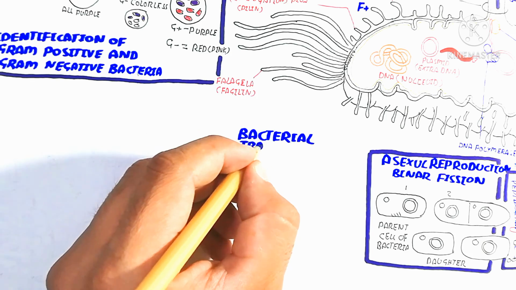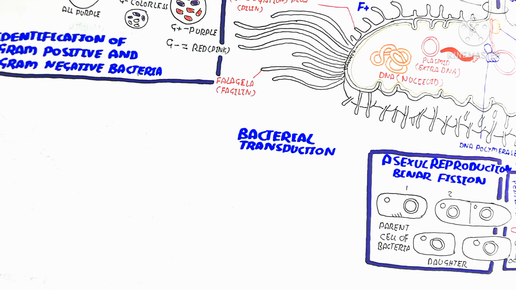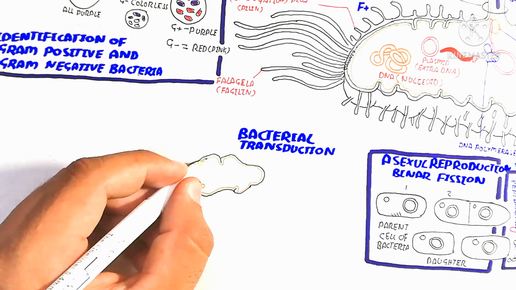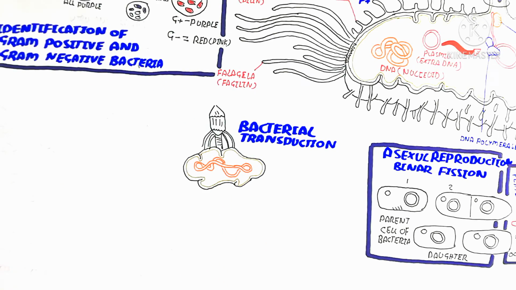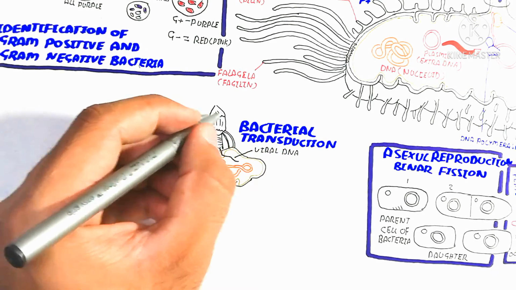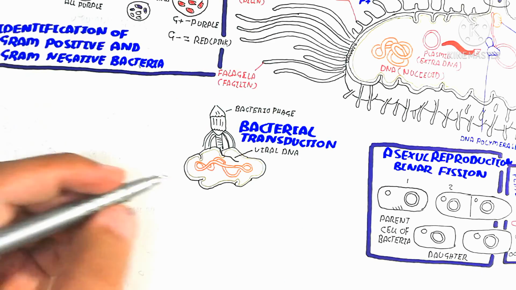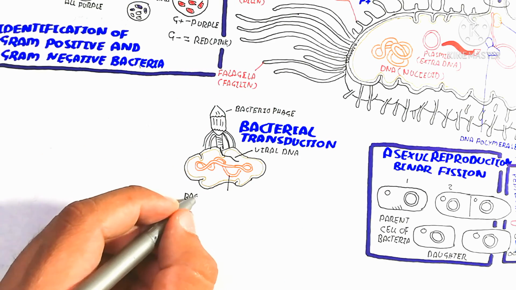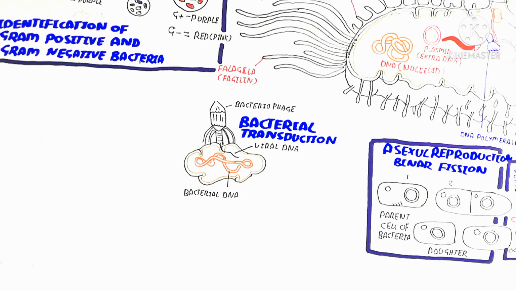Next we will also discuss another form of sexual reproduction, which involves a third party. It is known as bacterial transduction. Bacterial transduction is carried out by the bacteriophage. The bacteriophage attaches to the bacterial cell, and this attachment is completed in four steps.